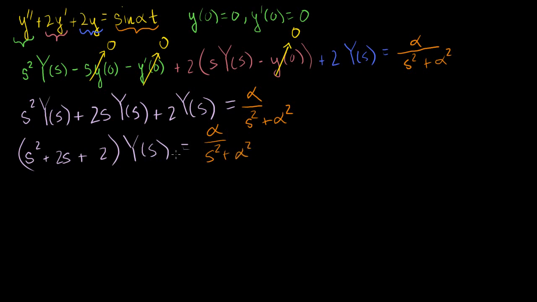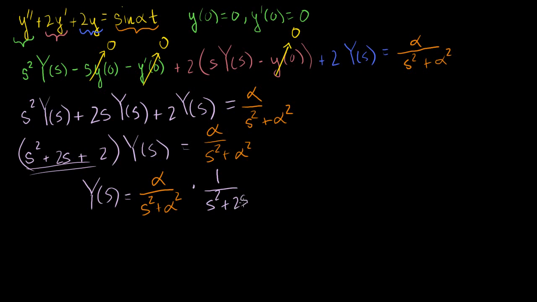Now we can divide both sides by this factor, and we get Y of s is equal to alpha over s squared plus alpha squared, times 1 over s squared plus 2s plus 2.